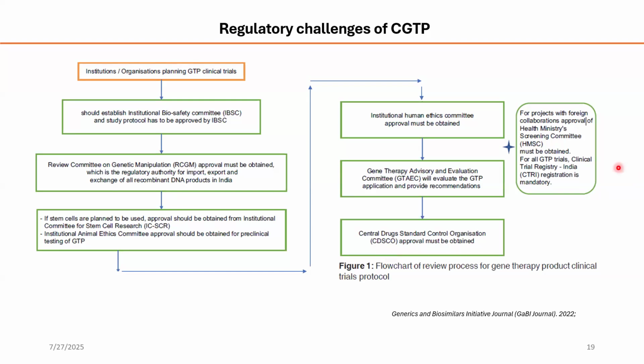In case you need foreign collaboration for the product, then you need approval from the Health Ministry Screening Committee. And for all the GTP trials, Clinical Trial Registry India registration is mandatory. This is the flow chart of how you get the final product out.